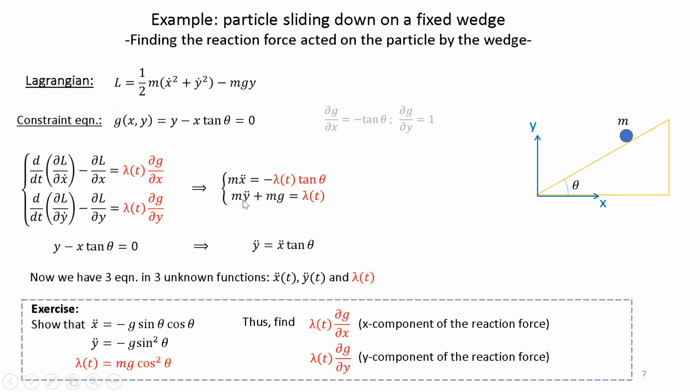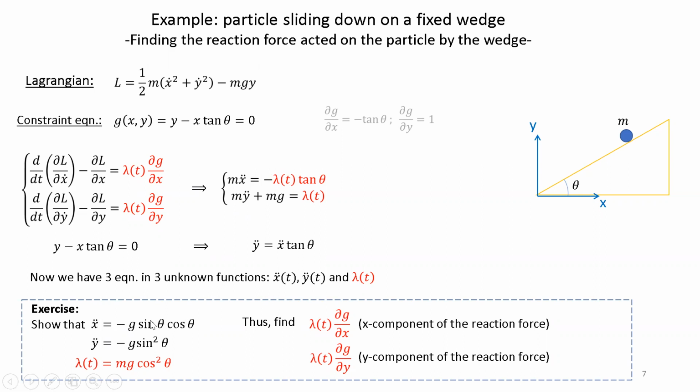And from the constraint equation itself, y minus x tangent theta equals 0, I have the third equation. So from these three equations, I'll be able to find out x double dot, y double dot, and lambda.